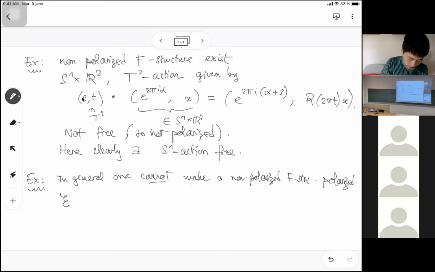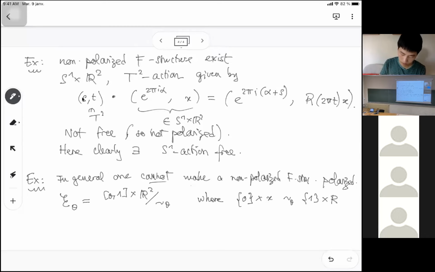And remember, in order to give you this example, remember the setup of the last few times. We already saw this 3 manifold. It's [0,1] cross R2, and you identify the boundaries using the rotation of angle theta, where this is the rotation of angle theta.